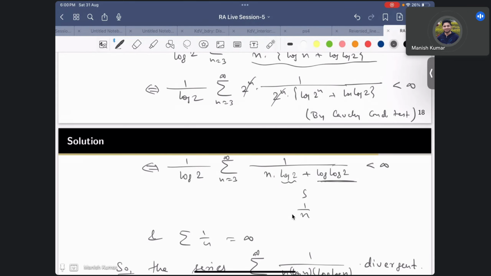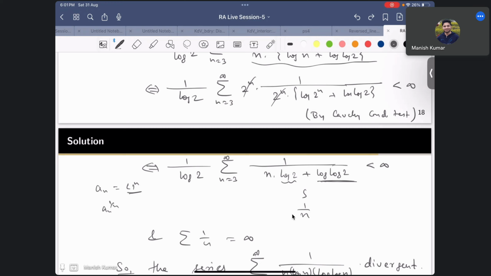Now, let's see what other tests there are: the ratio test, or the nth root test. When a_n is something raised to the power n, then you use the nth root test, where you take the nth root, the 1 by n power, and then try to find the limit.